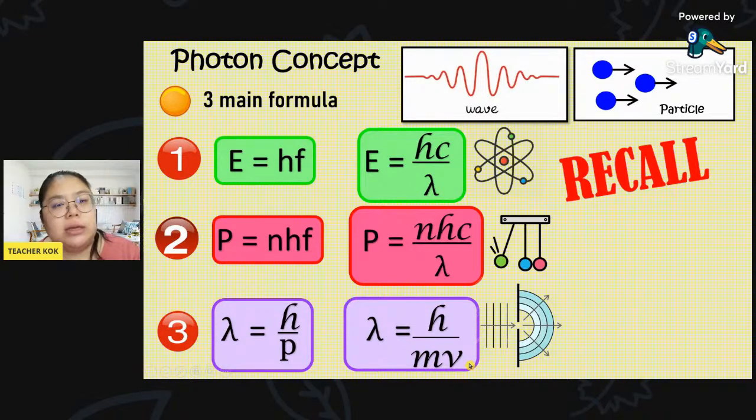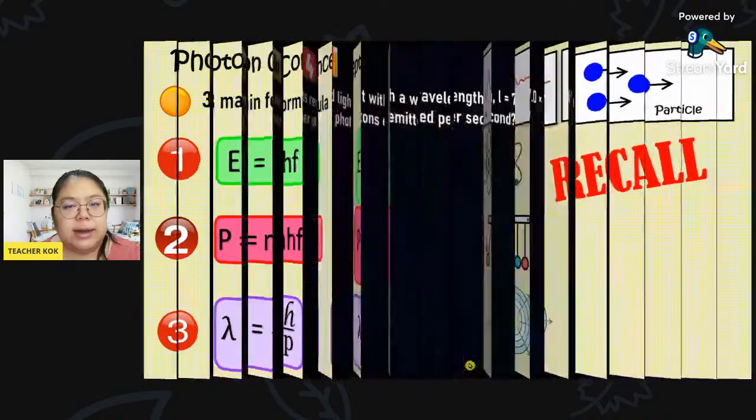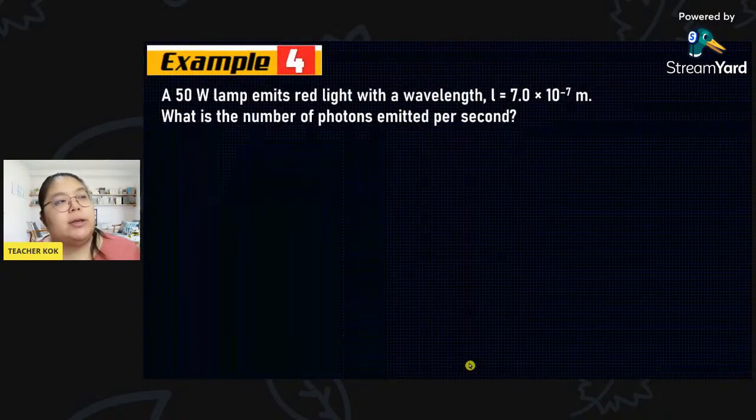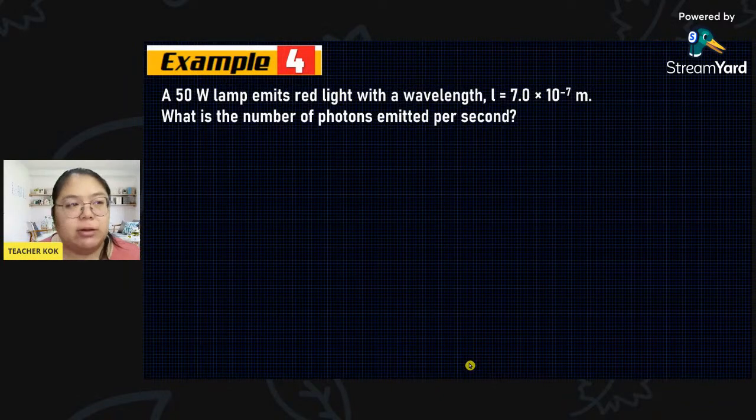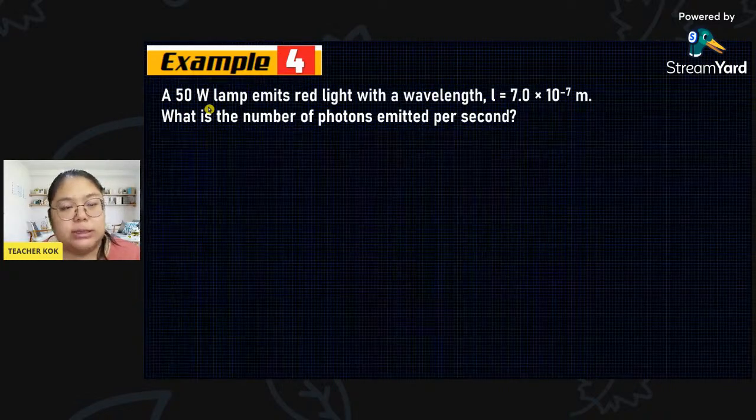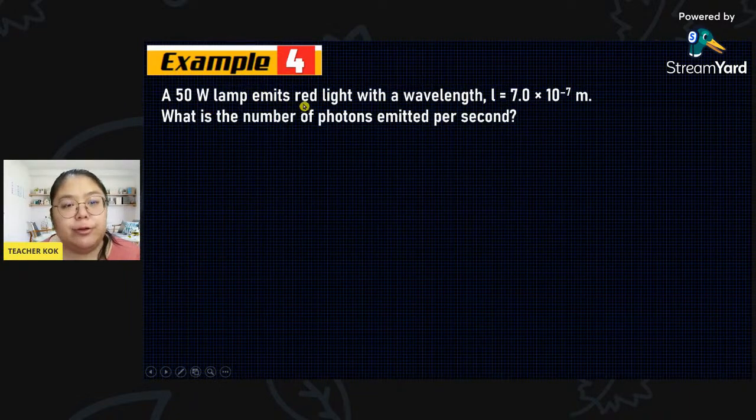Okay, so we go to the next. Example 4. We go straight to calculations today, so hopefully you remember the formulas just now. First one, we're going to see the lamp. The question provides a power: a 50 watt lamp emits red light.